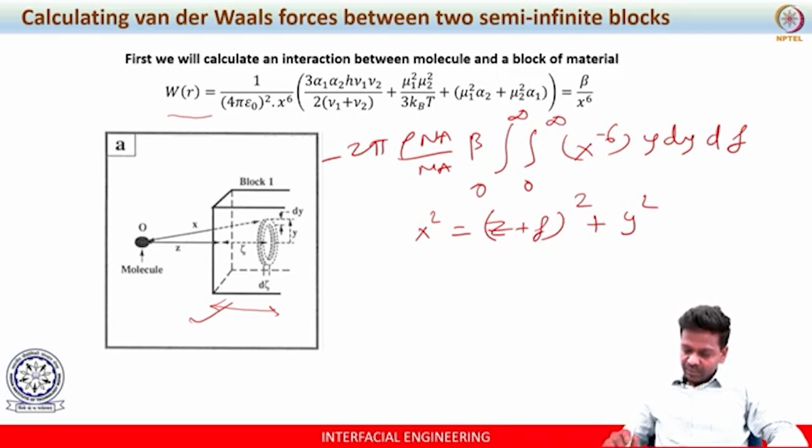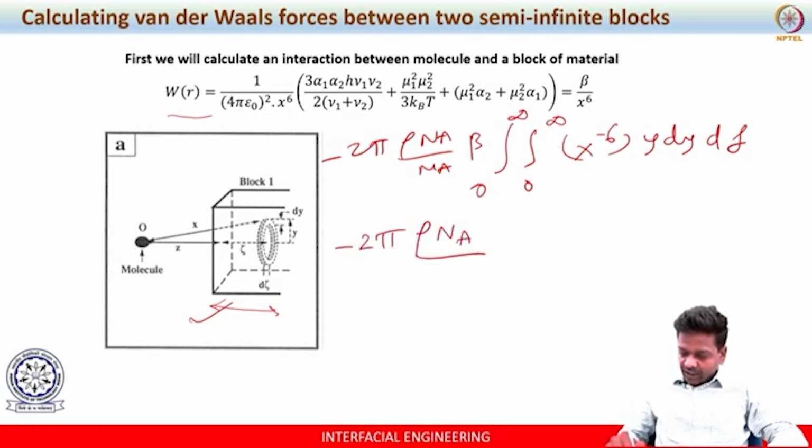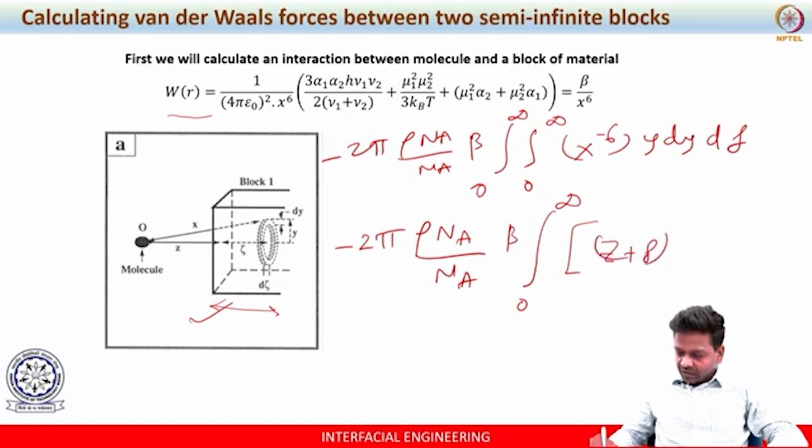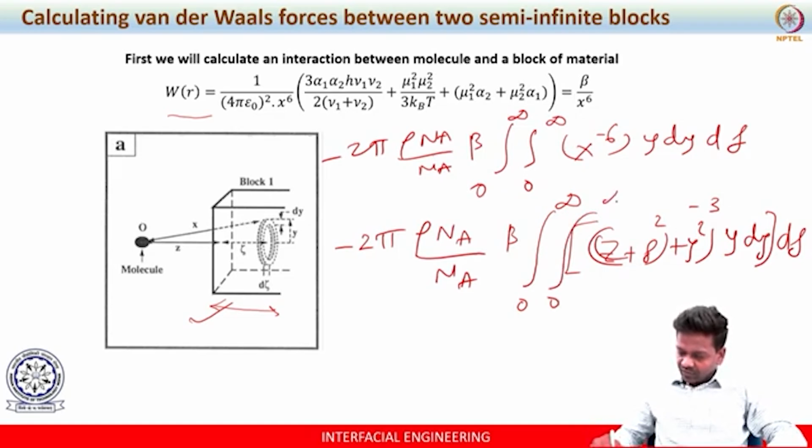So now we have z plus zeta square plus y square, and we will substitute this here. The equation is minus 2 pi rho Na by Ma, beta, and one integral we can perform now, which is z plus zeta square plus y square to the power minus 3, y dy, and then dz, integrated from 0 to infinity.